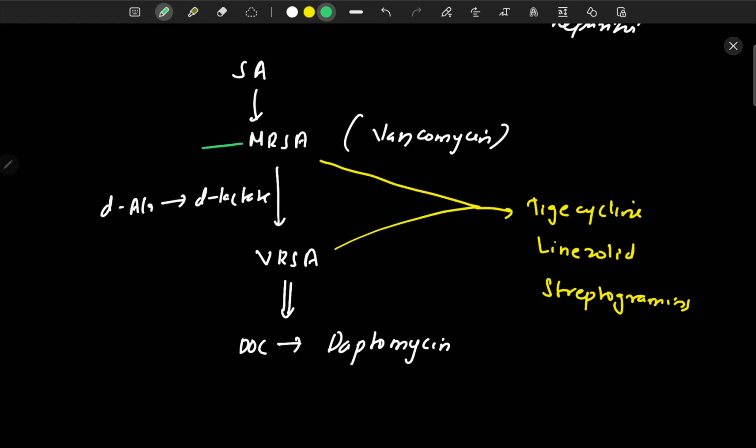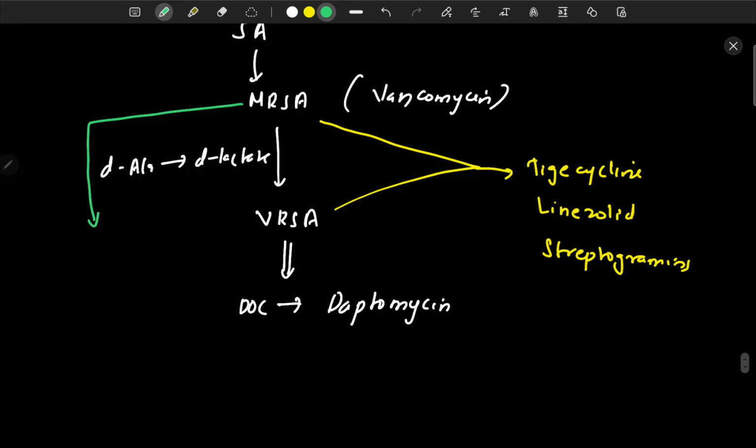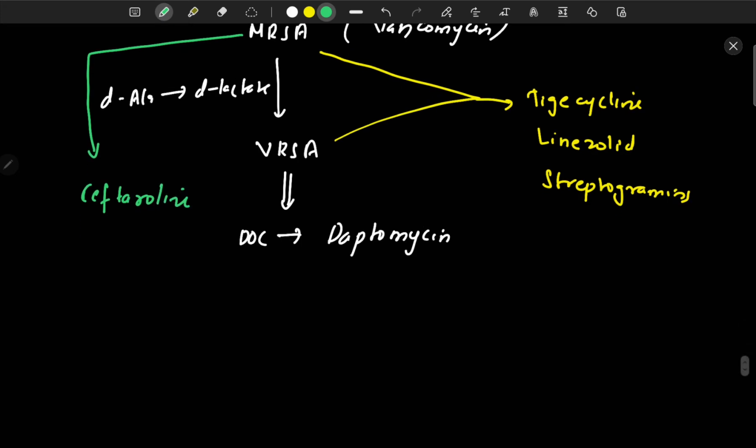In the case of MRSA, for skin and soft tissue, we can use a fifth generation cephalosporin called ceftaroline.